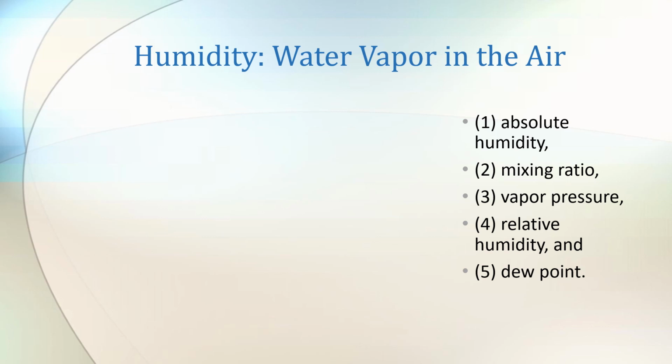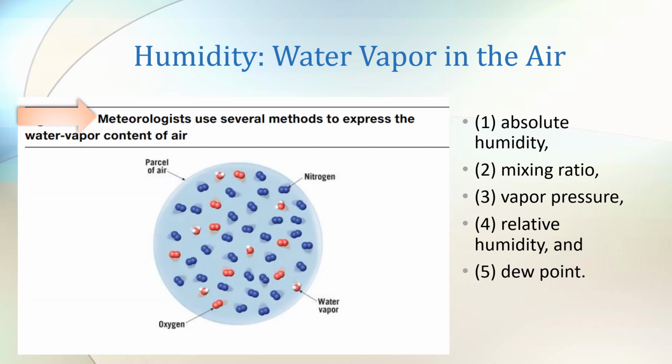Water vapor is said to be the primary source of energy, which is the latent heat, for the formation of weather systems like thunderstorms, tornadoes, and hurricanes. As you can see, there are five ways that meteorologists use to express the water vapor content of the air.